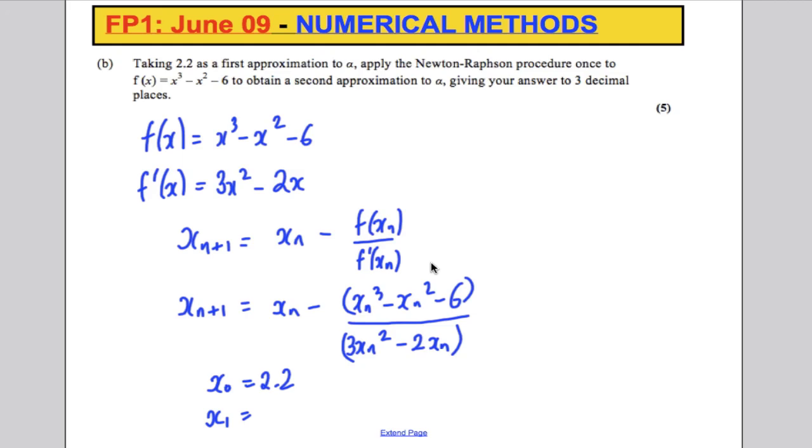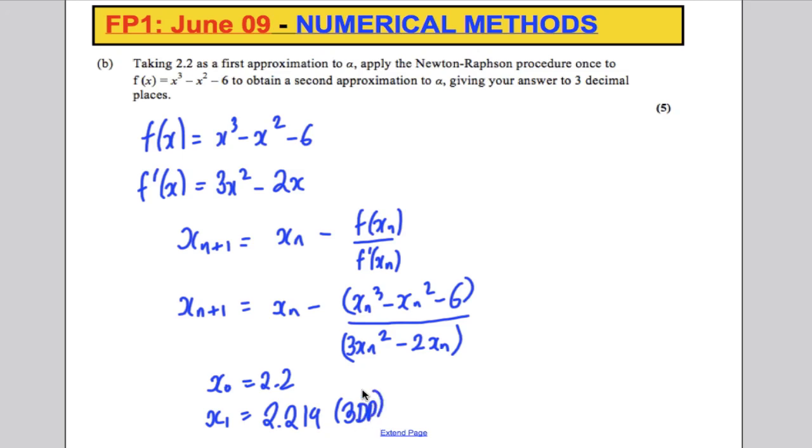Tap that in your calculator and you should get yourself the answer 2.219 to 3 decimal places.